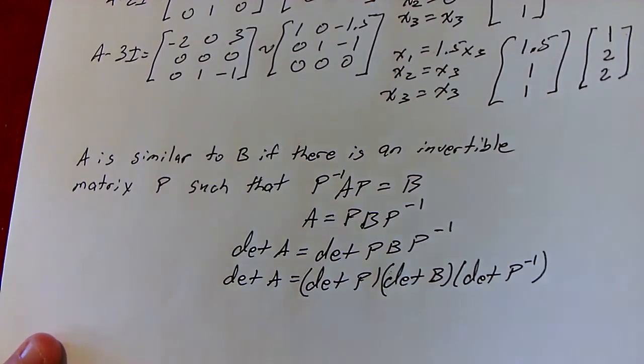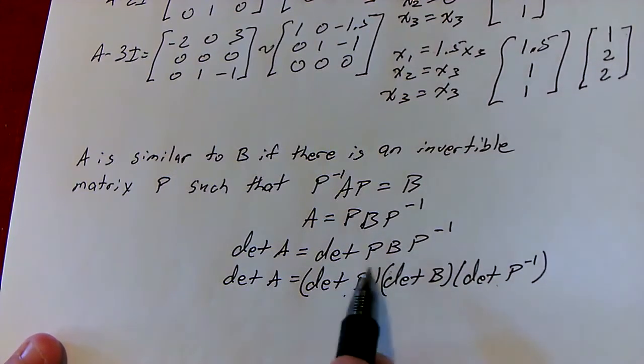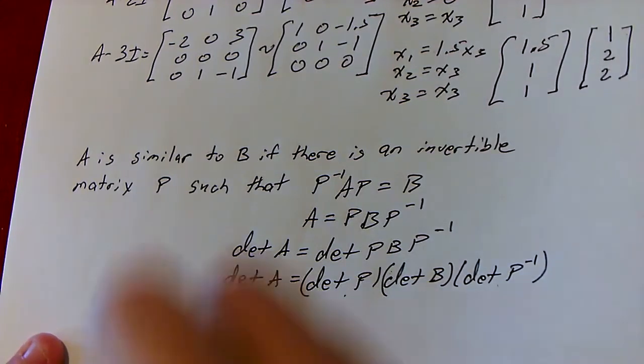And then I know these are just numbers. Determinants are just numbers, so I can write these in opposite orders. And I know that the determinant of P inverse is 1 over the determinant of P. Okay, we did that proof back when we talked about determinants.